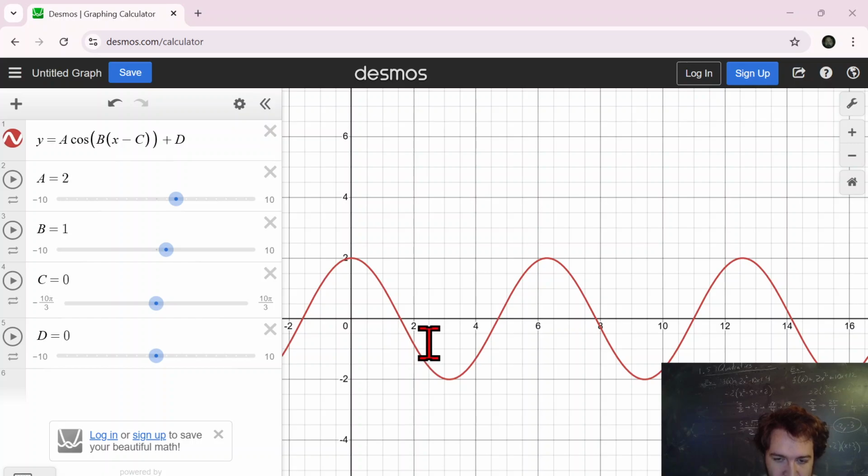Other things that we want to notice here, these are some properties that we'll go into more detail about during class. The cosine graph is considered to be an even function because it has reflectional symmetry about the y-axis, and the sine function is considered to be odd because it has rotational symmetry about the origin.